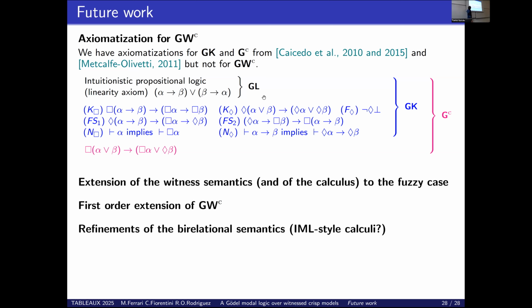Rodrigo is studying, Ricardo is studying first order extensions of these logics, and we are working on refinements. As I said, we want to remove some conditions on Kripke frames. And that's all. Thank you.